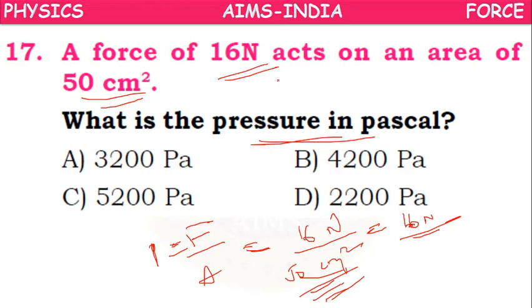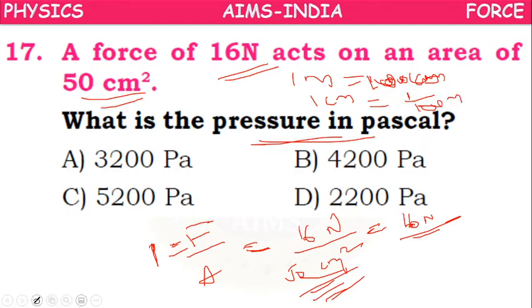So what can we write here? We know that 1 meter equals 100 centimeter. Then 1 centimeter equals 1 by 100 meters. But they have given centimeter square.